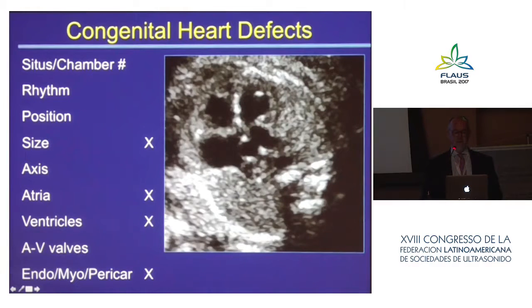The size of the heart is fairly large. We see the atria are fairly similar in size, except we see the flap of the foramen ovale bulging into the right atrium instead of the left. So that should tip us off that we're facing something that's not quite normal.